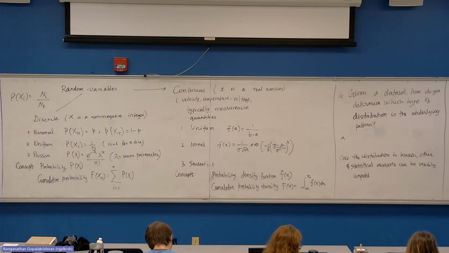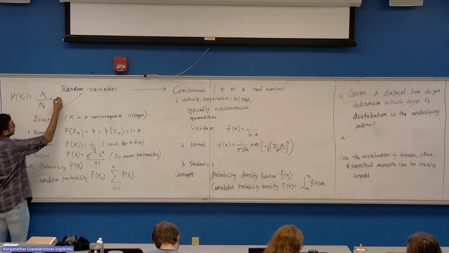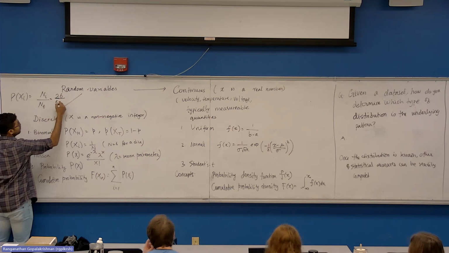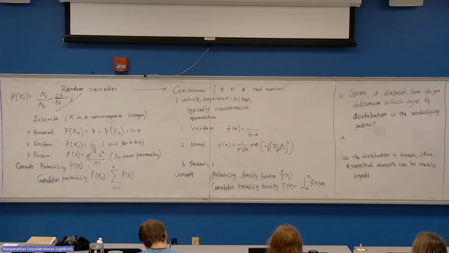For example, what is the chance of getting a red colored card in a stack of playing cards? 50%, because there are 26 cards of either color out of 52 cards, which makes the odds 1/2. So the probability P of xi is the number of outcomes favorable to that outcome divided by the total number of possible outcomes.